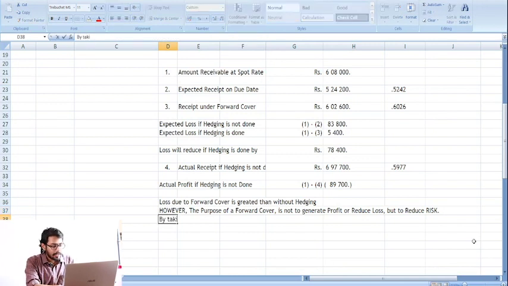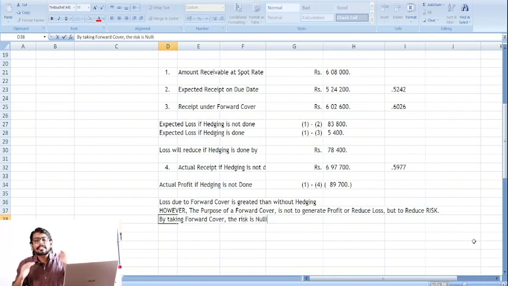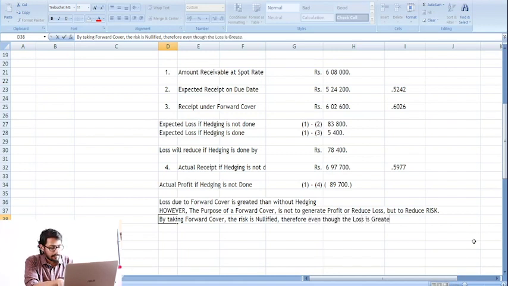By taking forward cover, the risk is nullified. There is no risk now. There is no exchange risk because you have taken forward cover. The risk is nullified. Therefore, even though the loss is greater, the decision to take forward cover is justified.